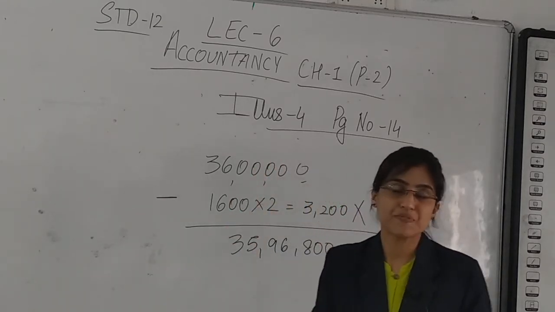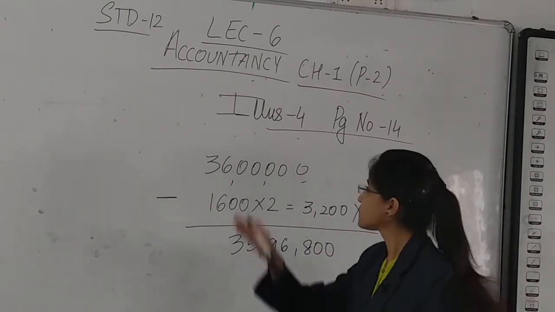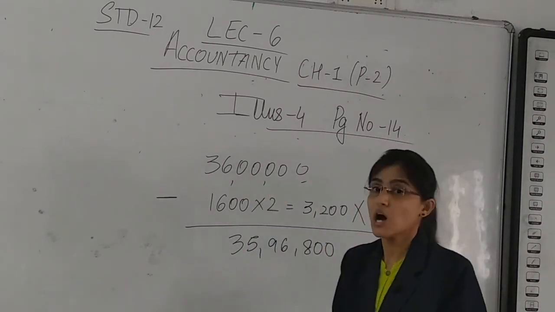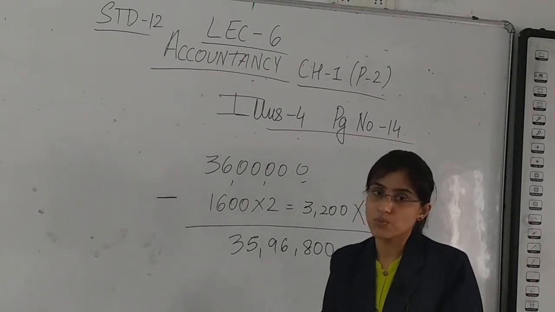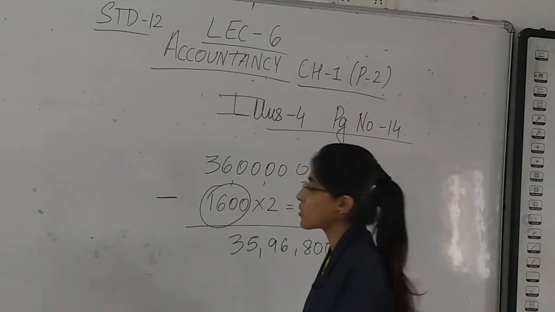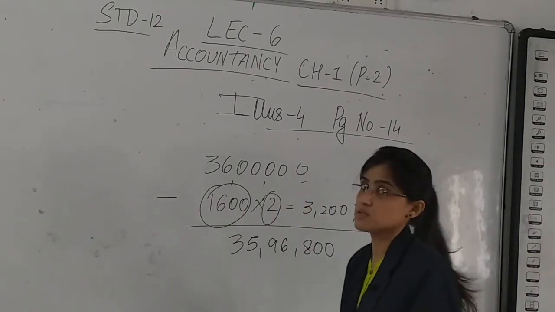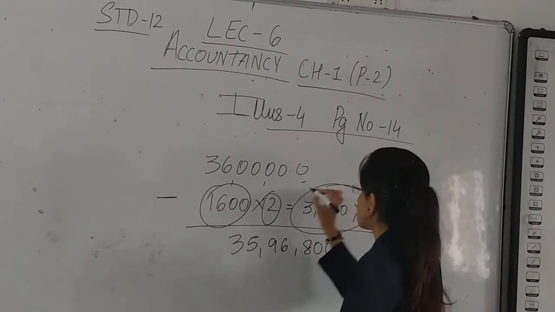Understand the calculation first. How much amount becomes due for first call? 36 lakh, that is 18 lakh into 2. Now at the time of receipt, a person called Yogesh having 1600 shares did not pay 2 rupees. So how much did he not pay? 3,200.